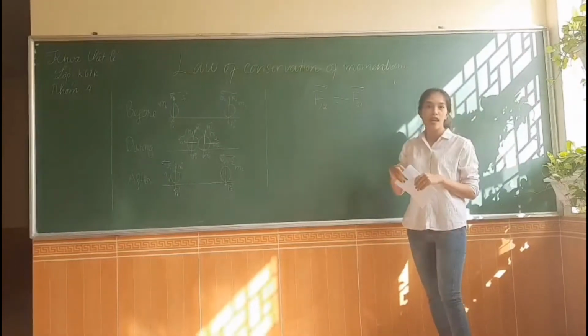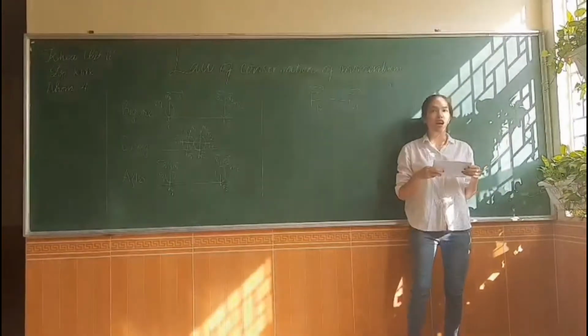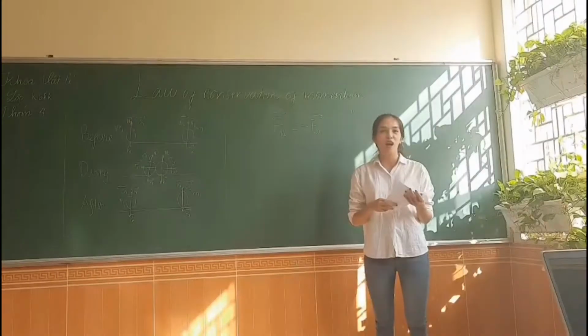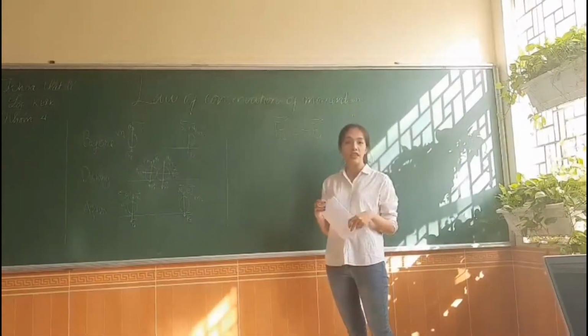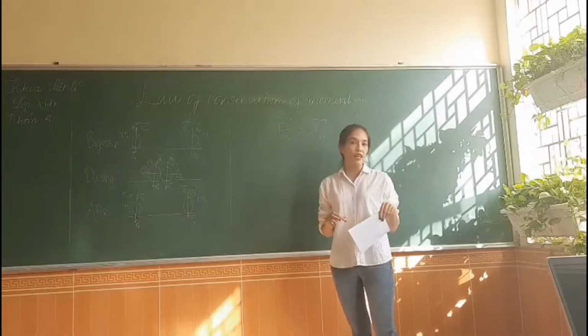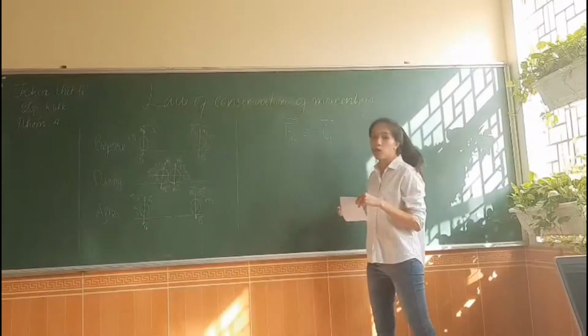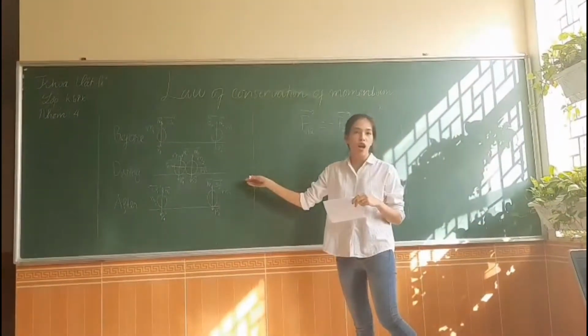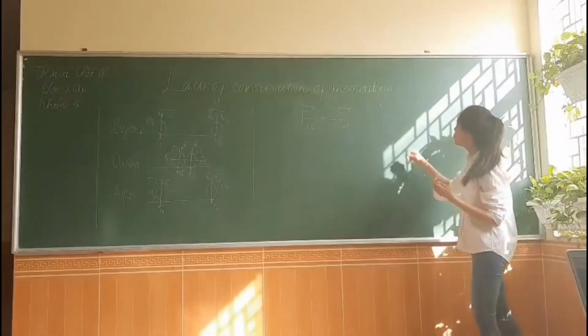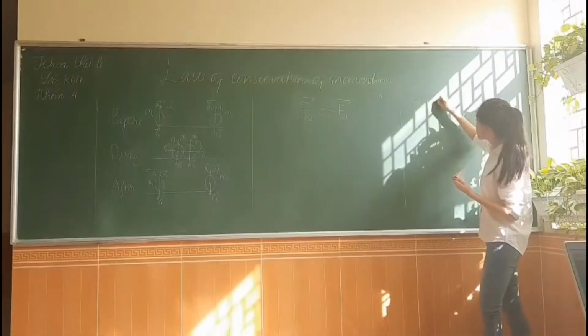Right? So next, we know the cause of the change in velocity, and we will find the relation of the initial and the final velocity in this collision. I will divide you into 4 groups.